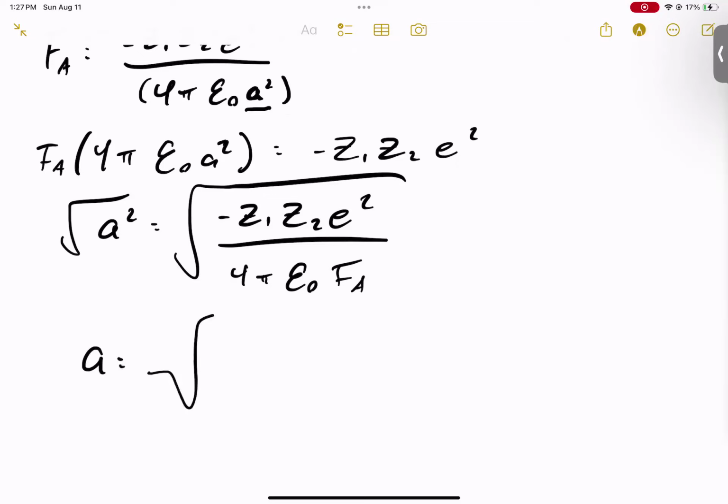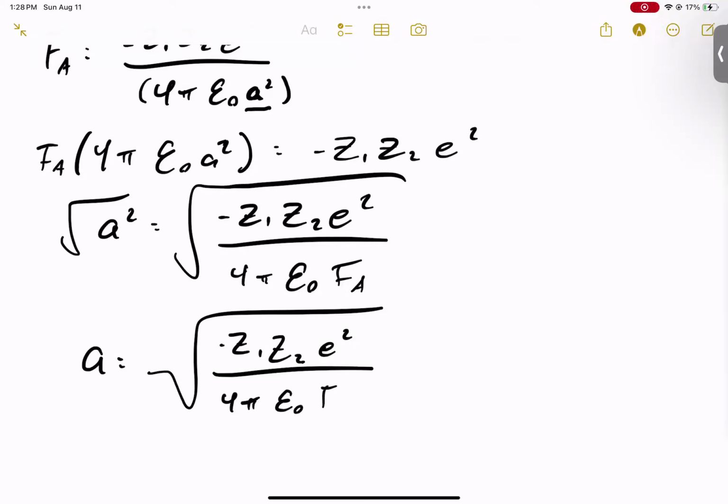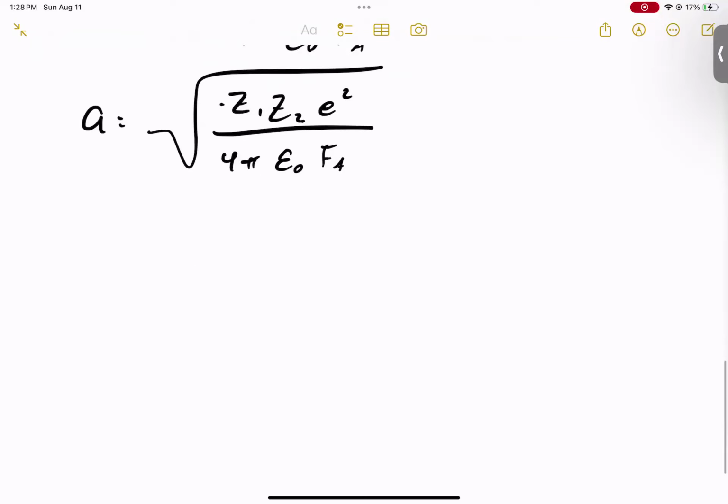So the final equation is A equals the square root of negative Z1 times Z2 times e squared over 4 pi multiplied by epsilon multiplied by the force of attraction. This is the formula I should really be working with to figure out my interionic distance. All right, so let's start plugging things in.